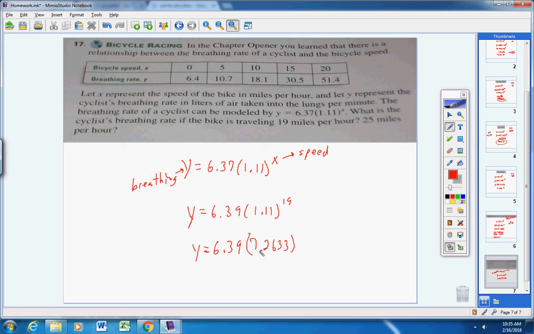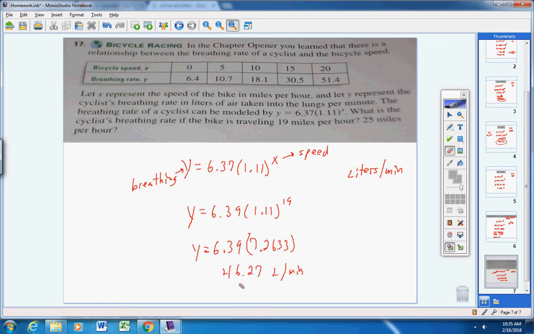Now if you multiply those two together, you will get 46.27. Okay? So there's the rate. And even though it doesn't say this in the problem, the breathing rate is actually liters per minute. I'm not sure why they didn't say that, but it's liters per minute. So you're breathing for 46.27 liters per minute. Okay?